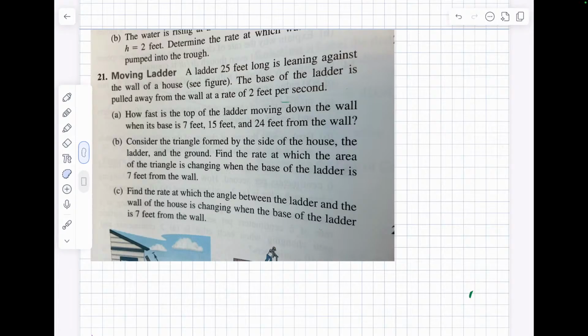It's more than 25 feet tall. Which one should I do? 7, 24, or 15? Let's just do 7 for now.